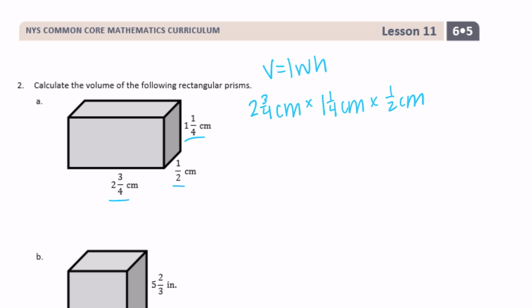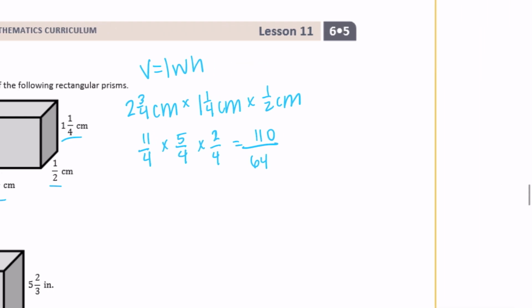So 2 3/4 is 11/4, times 1 1/4 is 5/4, times 1/2 is 2/4. So 11 times 5 is 55, times 2 is 110, and 4 times 4 times 4 is 64. 110/64ths.